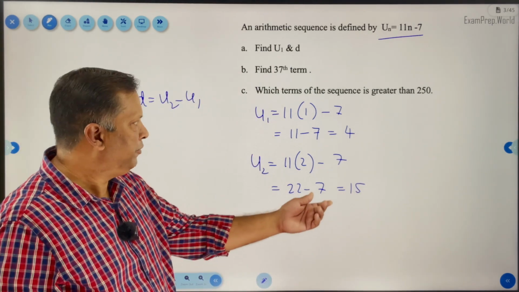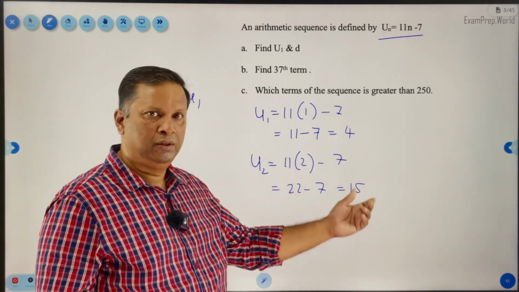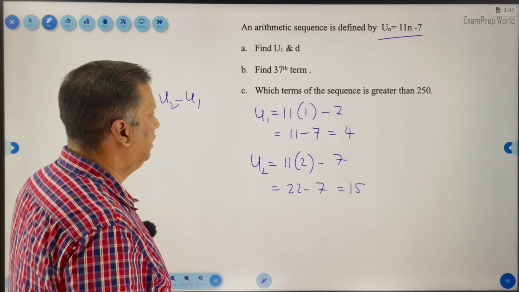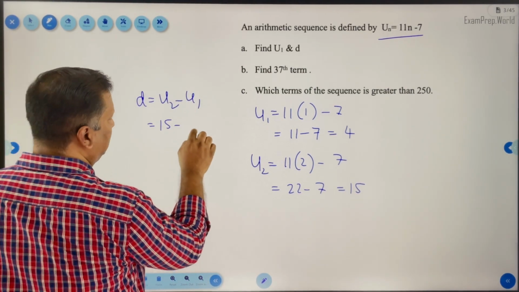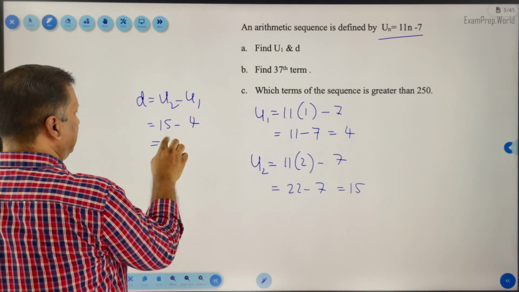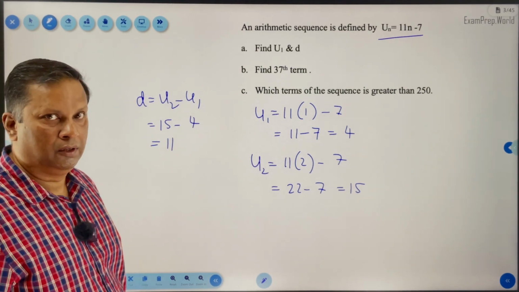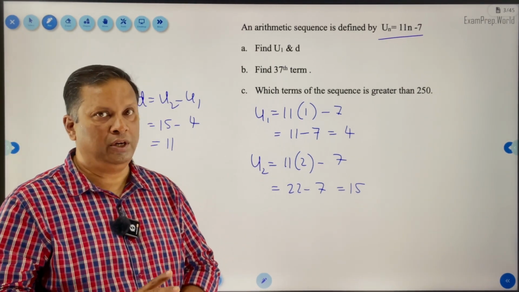Now we have u2 and u1. 15 minus 4 is 11. So u2 is 15 and u1 is 4. Therefore d is 11.